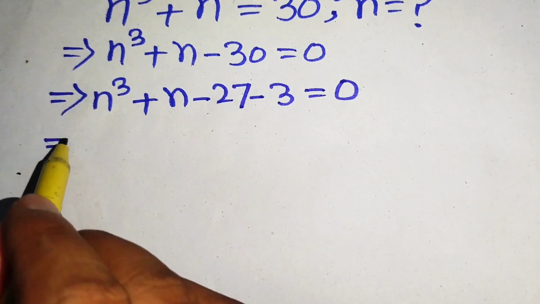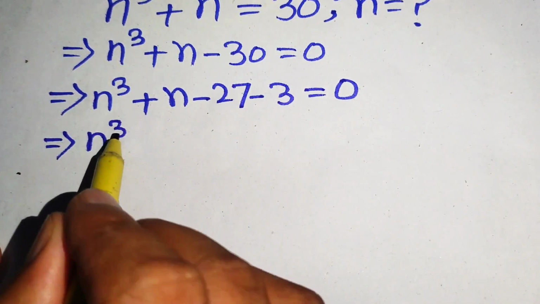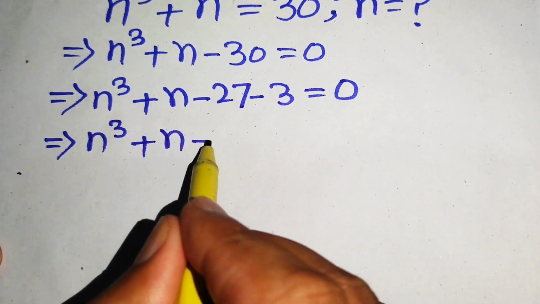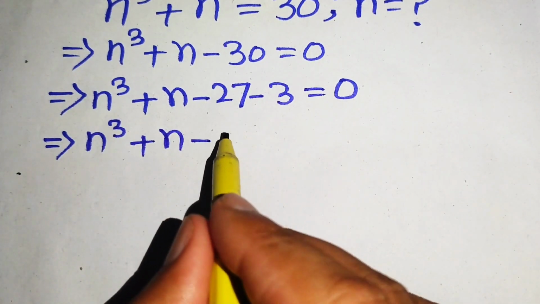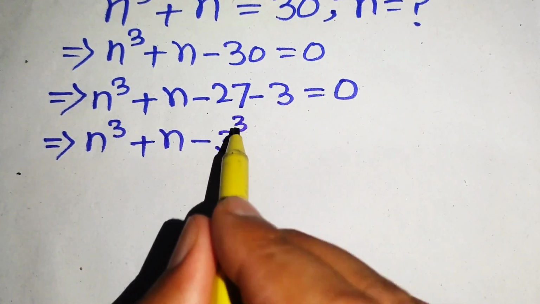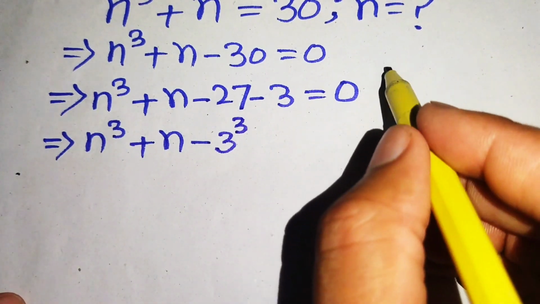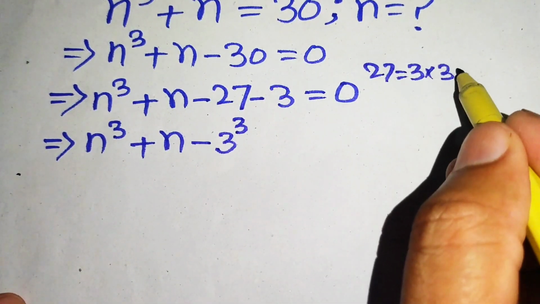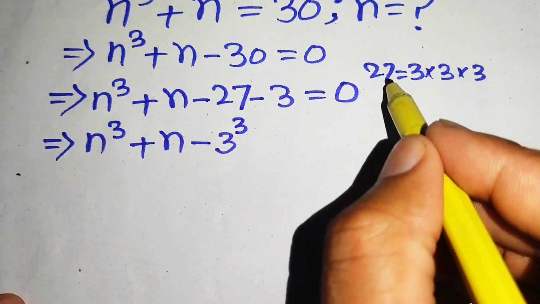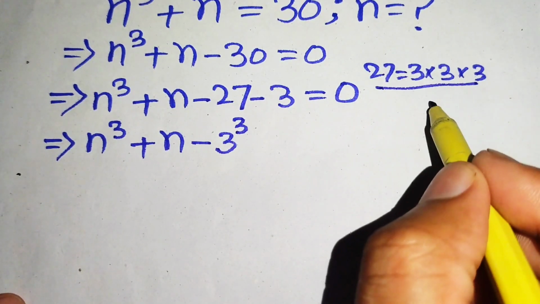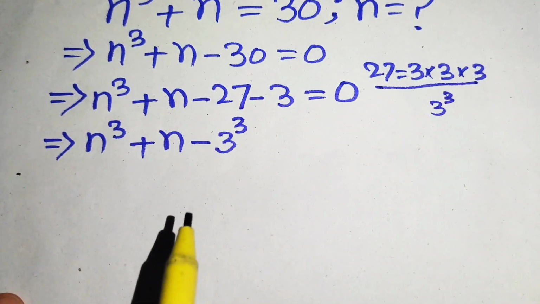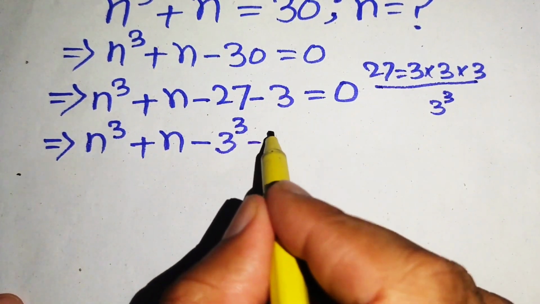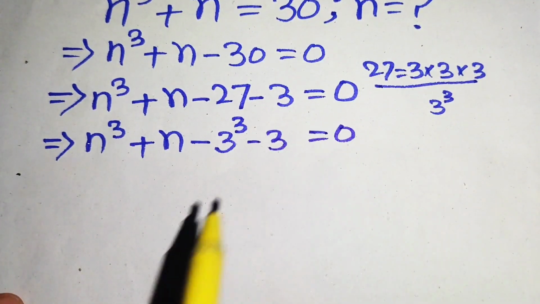After that we write this equation as n cubed plus n minus 27 minus 3, and we write 27 as 3 cubed. We know that 27 equals 3 times 3 times 3, because 3 times 3 is 9, 9 times 3 becomes 27. Similarly we have this minus 3 equals 0.